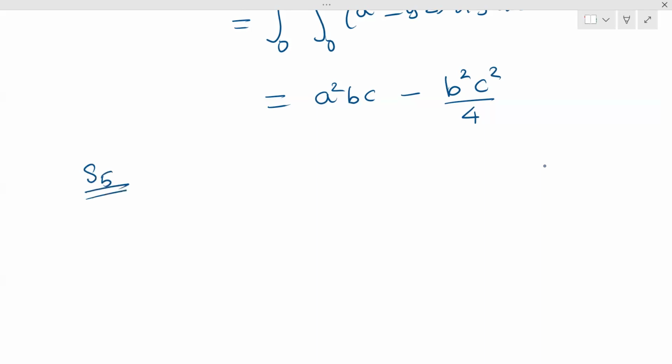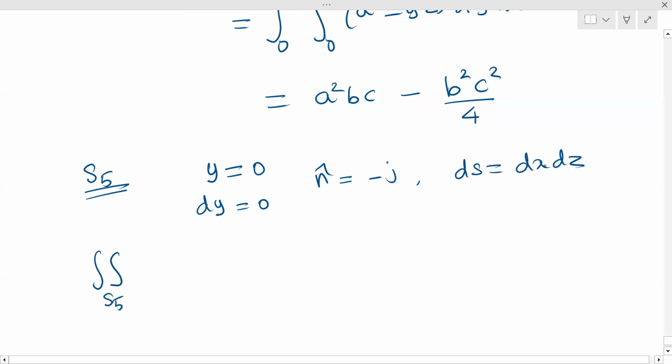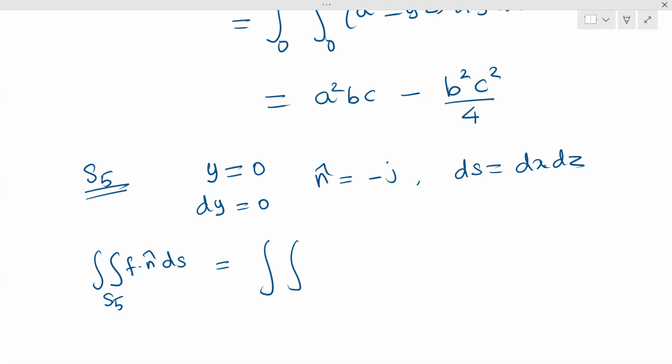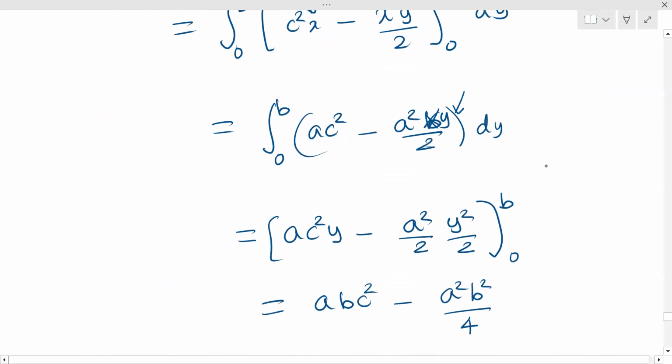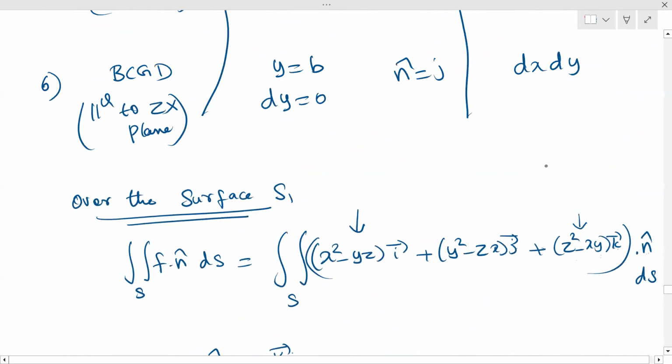Next, we move to the next surface, the fifth surface. What is the equation? y equal to 0, dy equal to 0, and n cap is minus j. And ds is dx dz. So the double integral over this surface of F dot n cap ds equal to, here n cap is minus j, so we will get only the j component of the F vector. What is the j component?